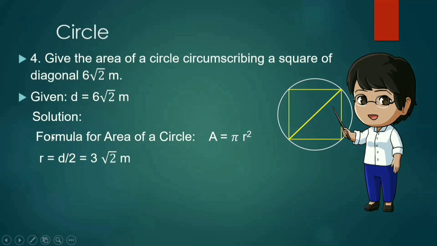The formula for the area of the circle is pi r squared, and our radius is 3 square root of 2 meters. So the area of the circle circumscribing the square is equal to pi times the square root of 2 times 3, squared, or 18 pi meters squared.